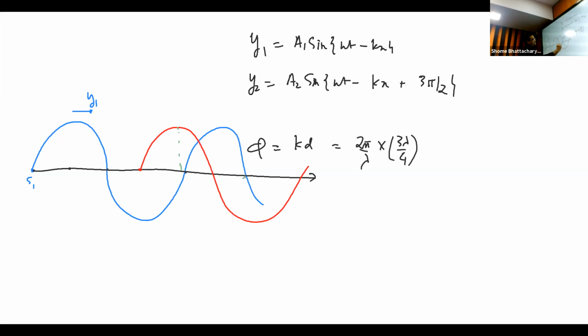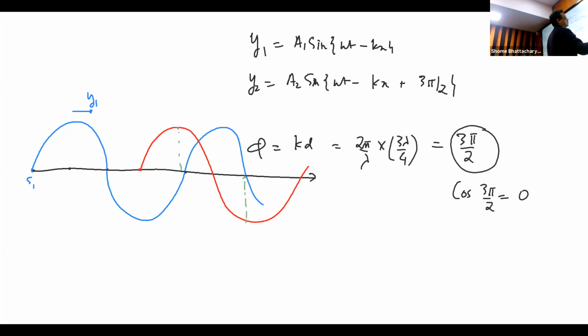this crest and trough, I mean, where this reaches the mean position, this reaches the extreme position, that kind of. So it's a phase difference which corresponds to 3 pi by 2. Okay, and you know that cos of 3 pi by 2 is 0. So your net amplitude in this case is going to become square root of a1 square plus a2 square.